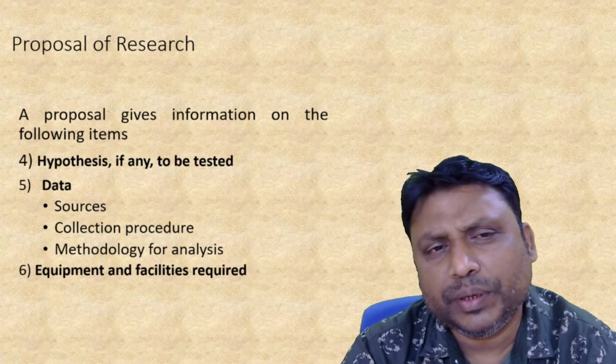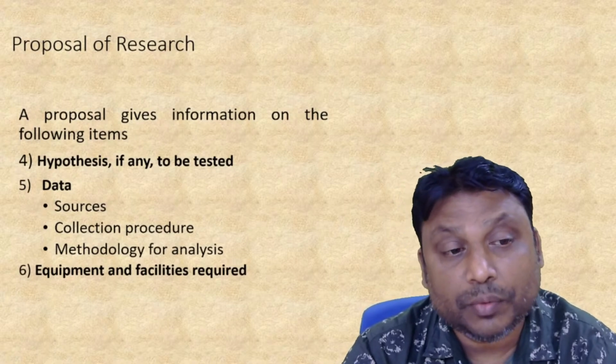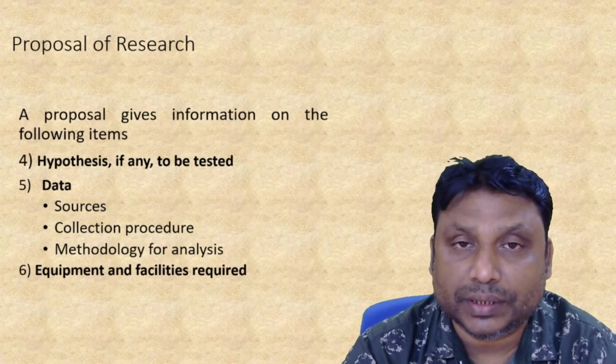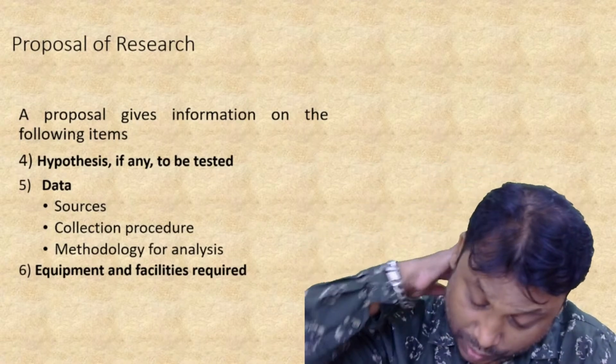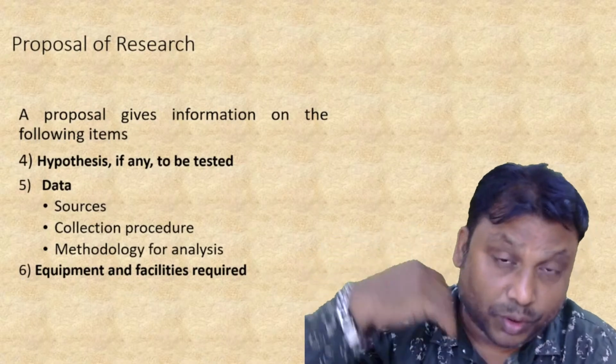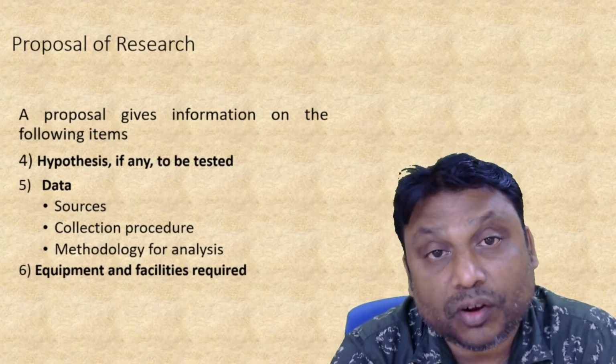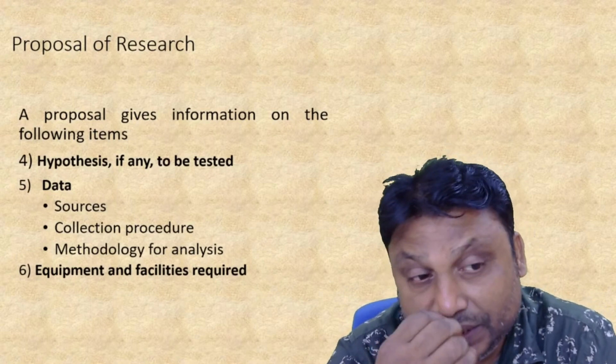Suppose you take objectives 1, 2, 3, 4, 5, 6, not an issue. Accordingly you have to take the hypotheses. Why are you taking the hypothesis? To test whether the objective is accepted or not.